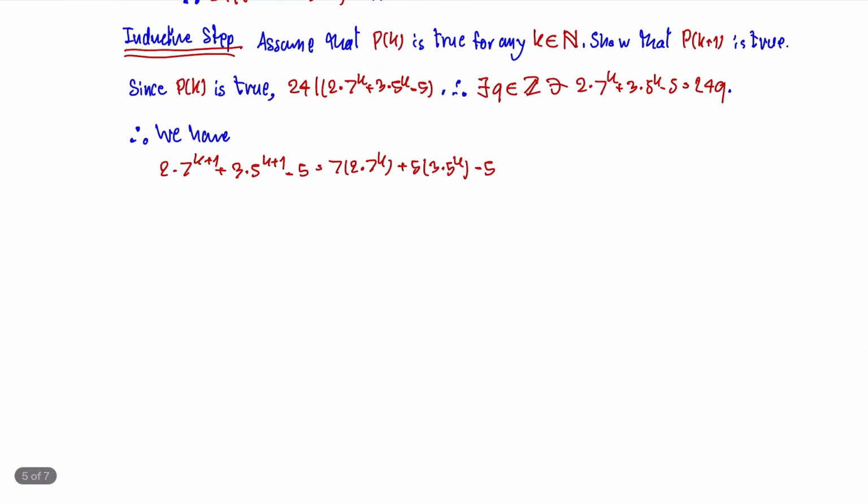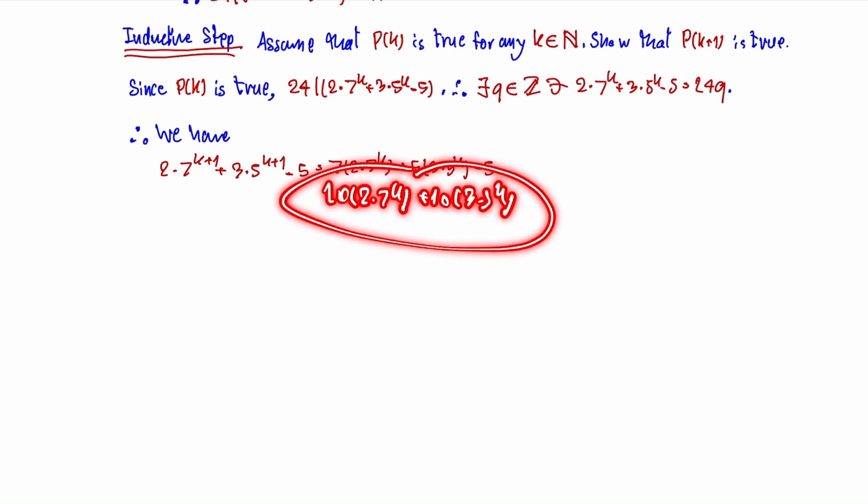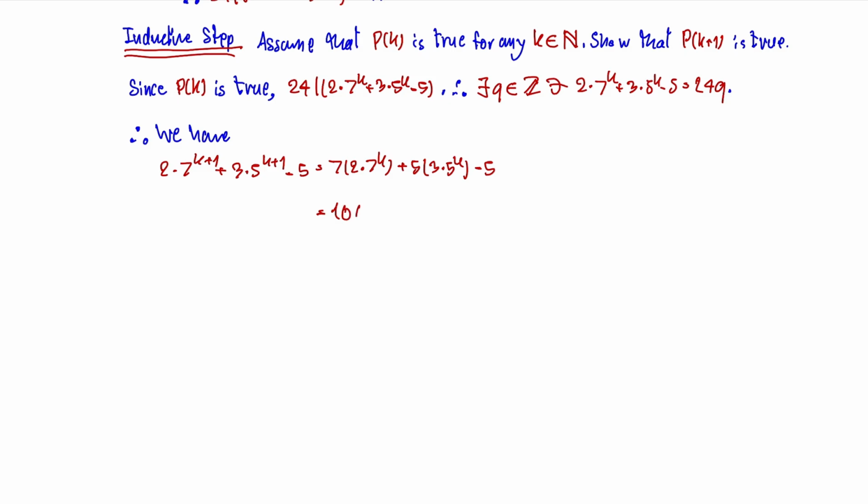Okay, so what can we do next? The next thing that I want to do is to try to have 24. So I want to have 10 times 2 times 7 to the k and 10 times 3 times 5 to the k. I want to have this term first. And also this term minus 10 times 5. So we're going to have 10 times 2 times 7 to the k plus 10 times 3 times 5 to the k and minus 10 times 5.